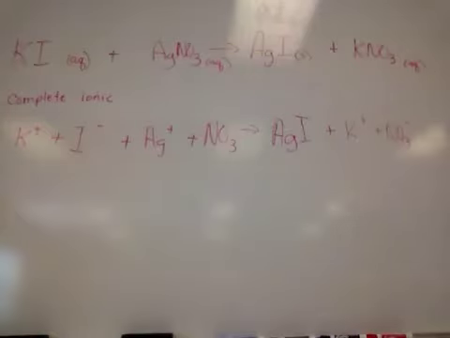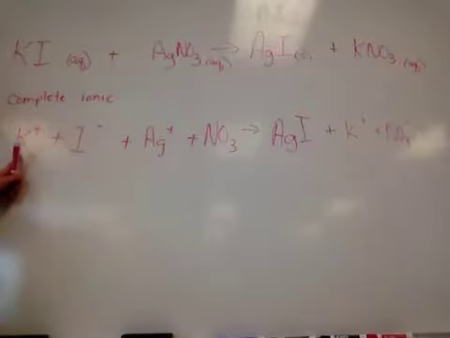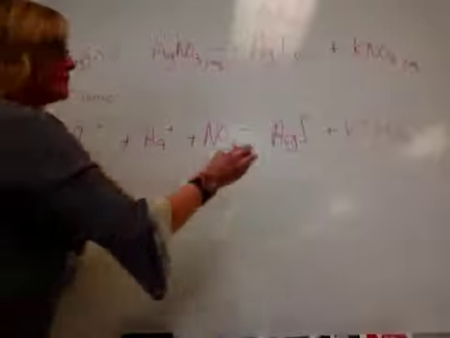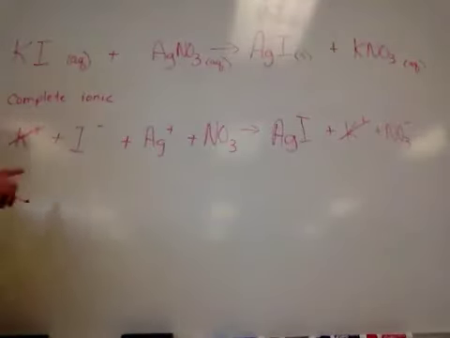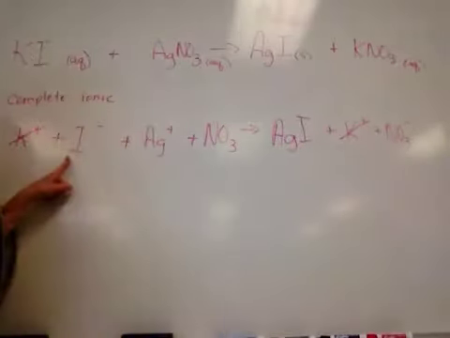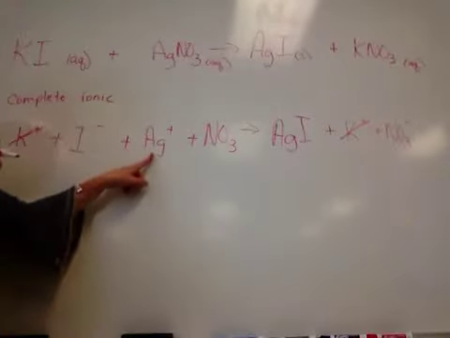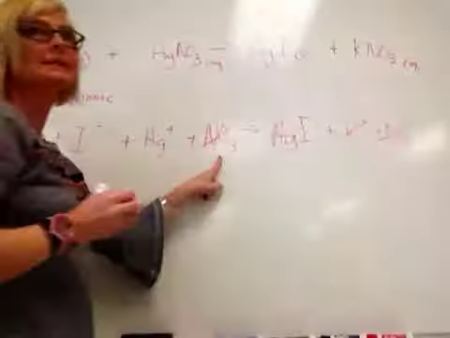So a spectator ion is in the game, but they don't get to play. So a spectator ion is anything that is exactly the same on both sides. So I have a potassium ion, spectator. I have iodine, but this is put together, that's not the same. Silver is not the same. Nitrate is. Nitrate is a spectator.